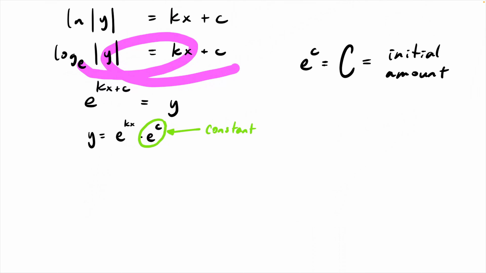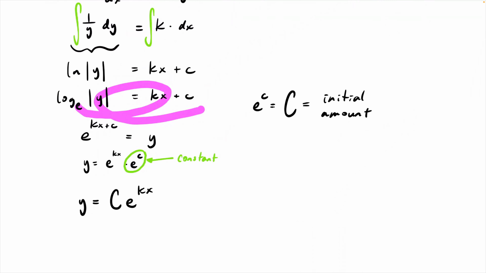Okay? So sometimes you'll see this written this way. They'll write capital C times e to the kx. It's the initial amount. Okay?